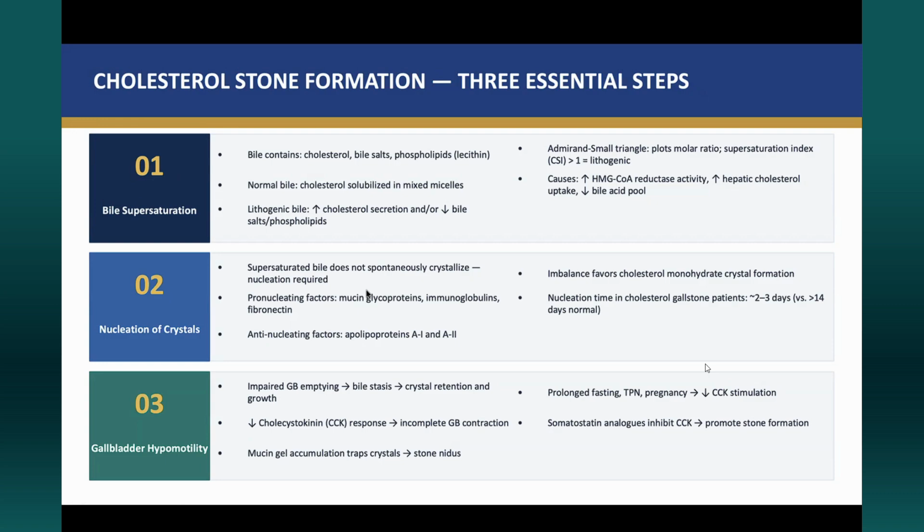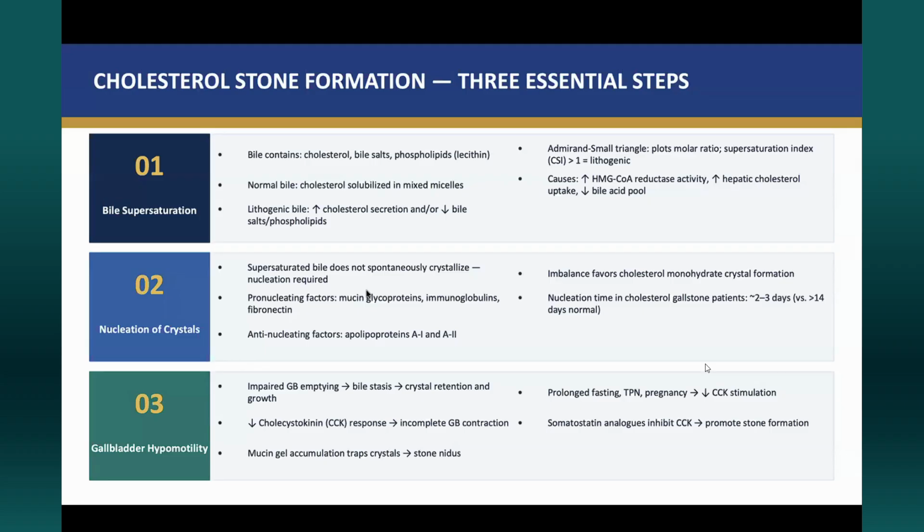And this nucleation time is where, if it stays nucleated, if it stays solid, you then have a cholesterol stone in 2 to 3 days. And lastly, of course, if the gallstone is not moving, it stays in one place, then it produces bile stasis or crystal retention.